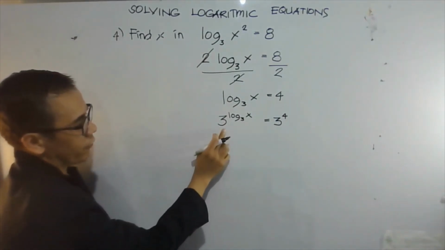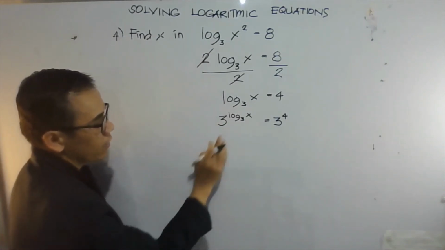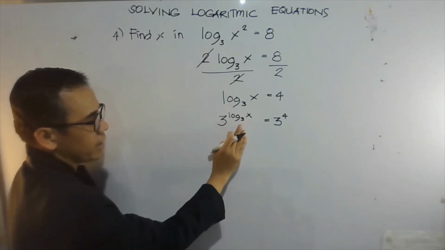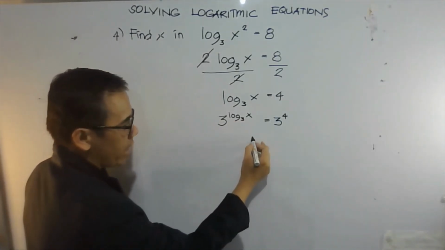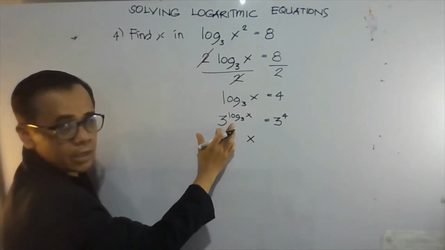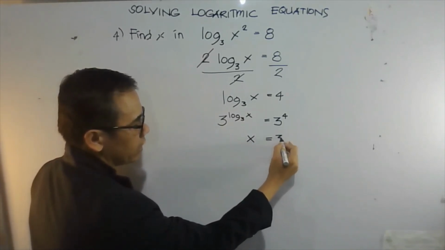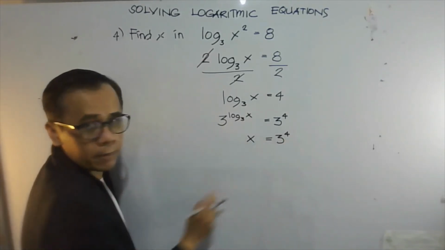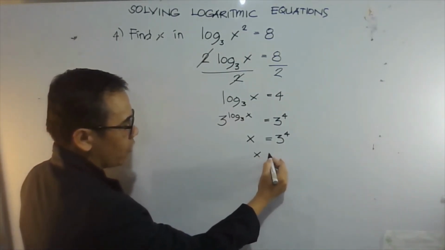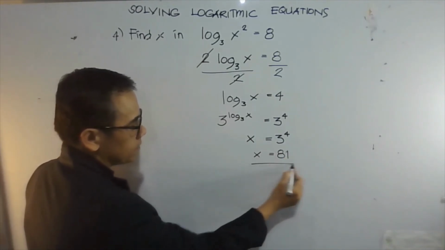From property number 4, 3 raised to the power of log of x base 3 is equal to x. So therefore the logarithm is already eliminated, and x now is equal to 3 raised to the power of 4. Simplifying it, x now is equal to 81.